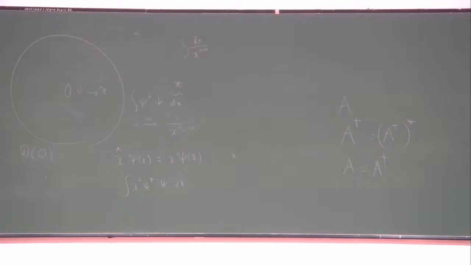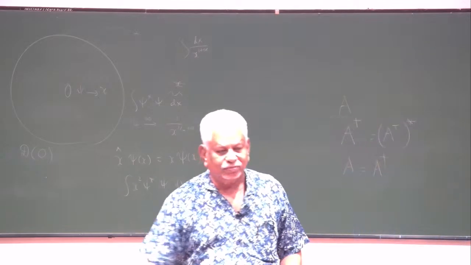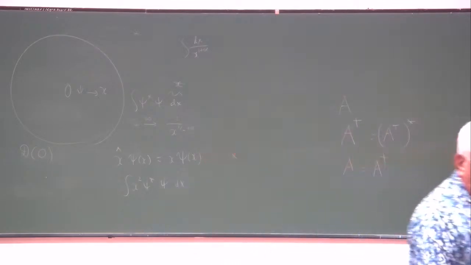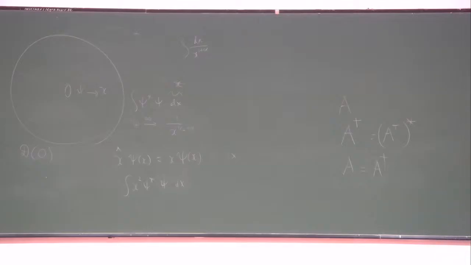That is why we want them to be Hermitian operators. That is one of the reasons. There are other important things. The eigenfunctions of these Hermitian operators are all orthogonal to each other. If you have two eigenfunctions psi 1 and psi 2, the integral of psi 1 star psi 2 will be 0.